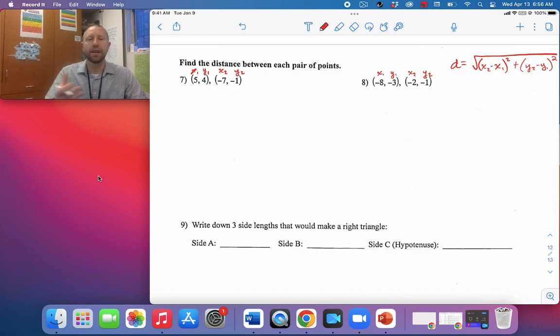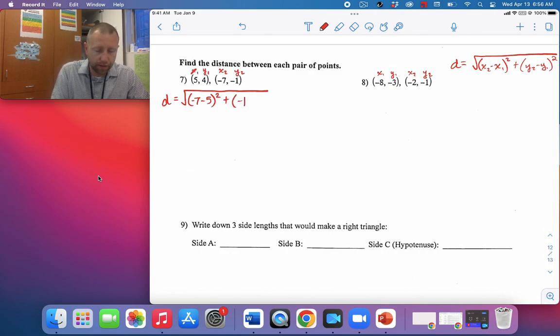So seeing that, I'm just going to plug these in. Okay, for number 7, big long square root symbol, and then x2 minus x1. So x2 is negative 7, minus x1 is 5, and that amount's being squared. Plus y2 is negative 1, minus y1, which is 4, and that amount's being squared.